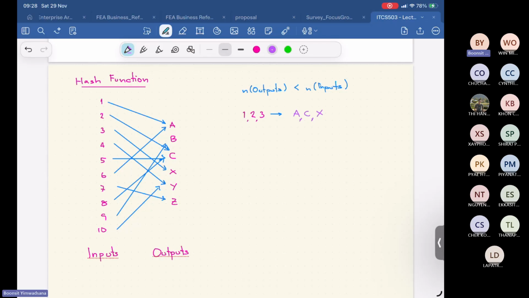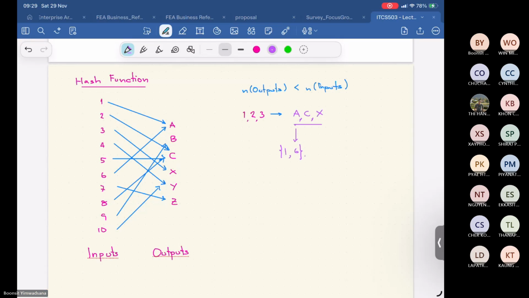Now we know that this rule is very well known. But if we have the output ACX, can it be converted back to 1, 2, 3, even though this mapping is known to everyone? The answer is no. Why? Because if you take a look at this mapping, A can be reversed back to number 1 or number 6.